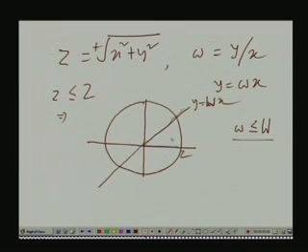So, for positive x, any y below this line will give rise to a ratio y by x, equal to small w, that is less than capital W. If we include this line also in this area, then it will be less than or equal to. So, we have this area for positive x.